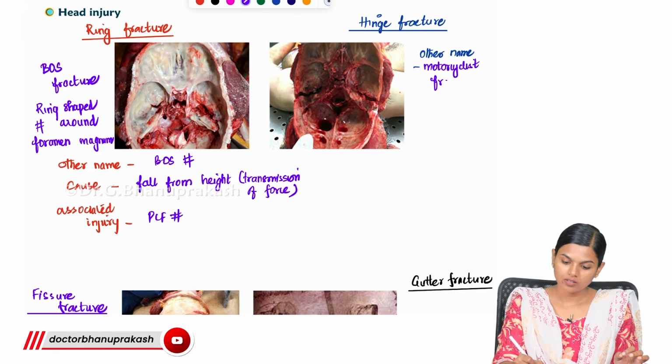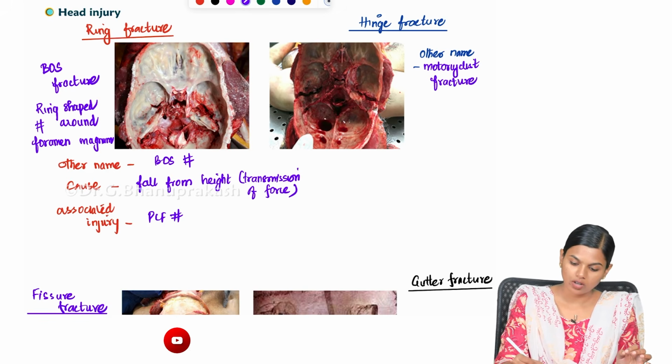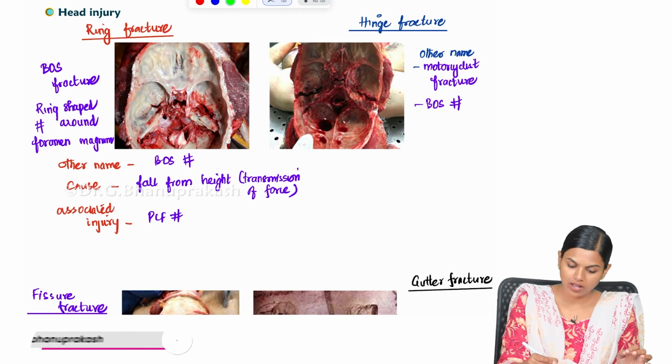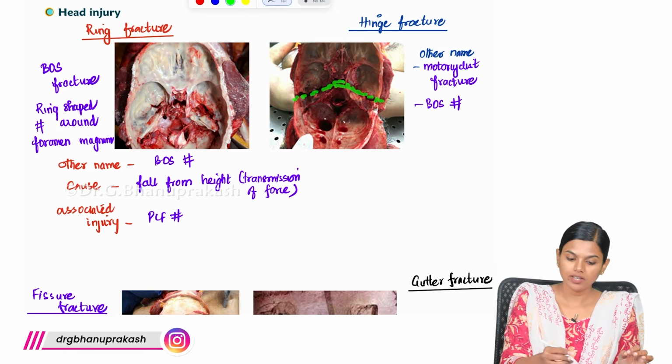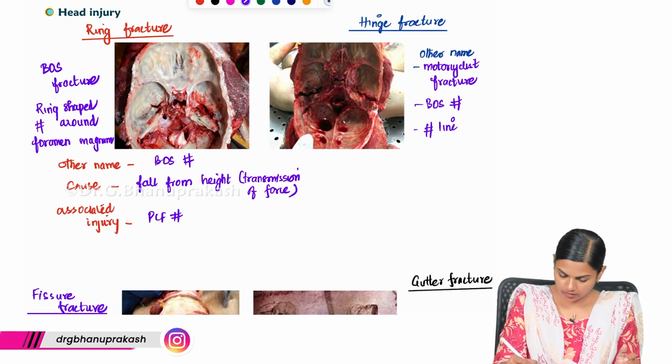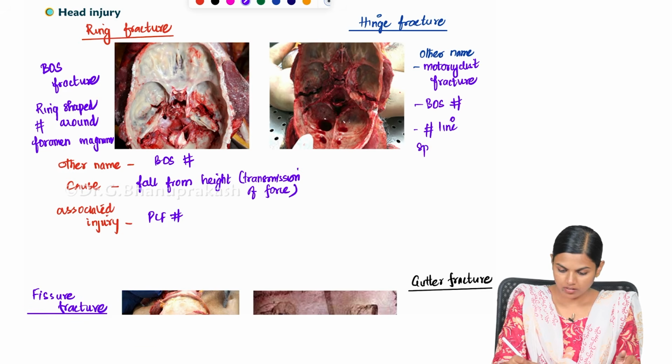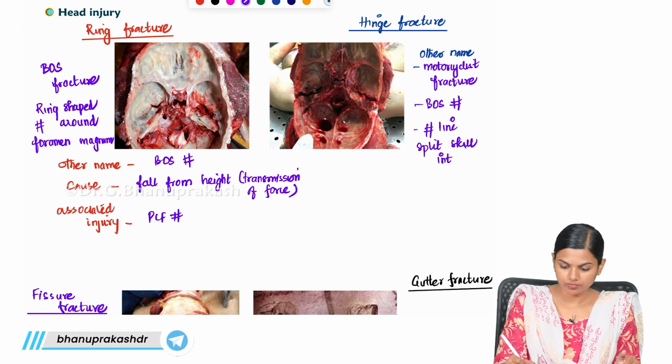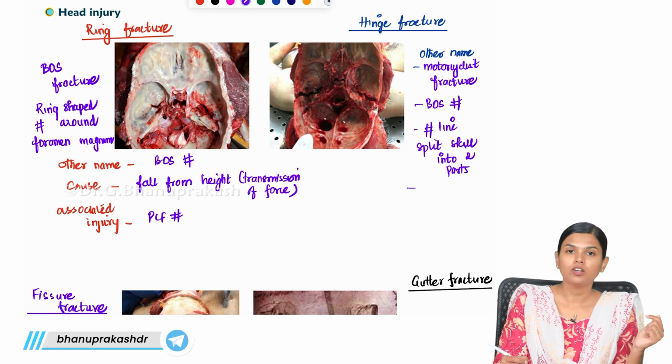motorcyclist fracture. Here this is also a base of skull fracture, and here you can see a transverse fracture. The fracture line will split the skull into two. It usually crosses the sella turcica.